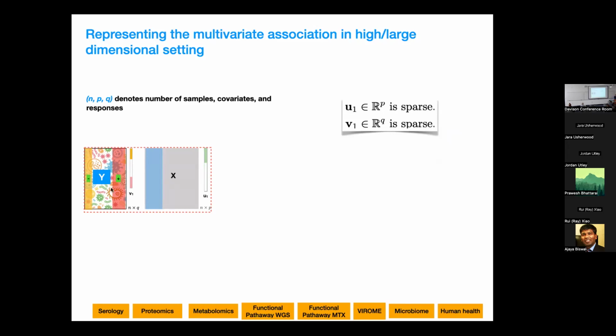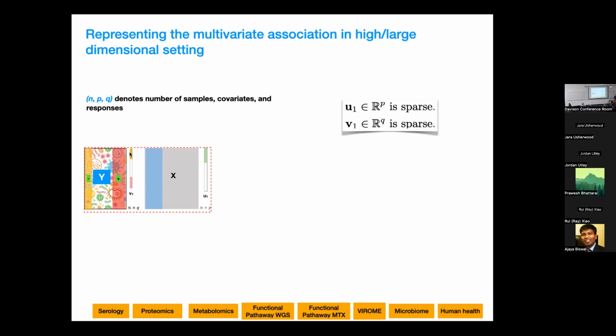So you have two things: Y is, think of it like your RNA levels, and X is like transcription factors. When I say that only a set of transcription factors is acting together to affect a set of genes, ideally, I'm interested in learning some U1, which is indicative of selection of transcription factors, and some V1, which is again indicative of selection of time points in which a set of transcription factors is affecting gene expression, at only these two sets of time points and so on.